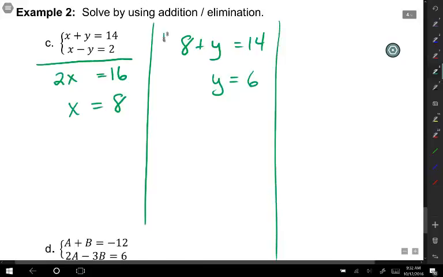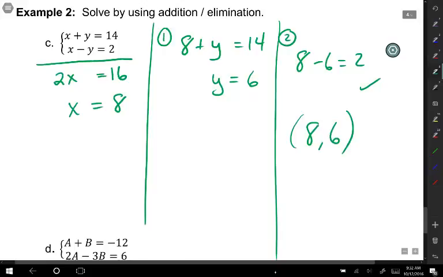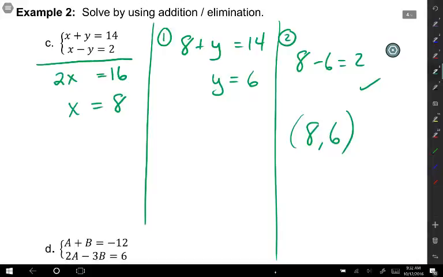So that was equation 1. We check with equation 2. 8 minus 6 equals 2. Nice big check mark. Our answer is 8, 6. So a really straightforward elimination problem. They're not going to get any easier than that.